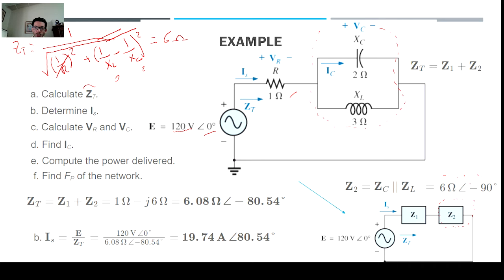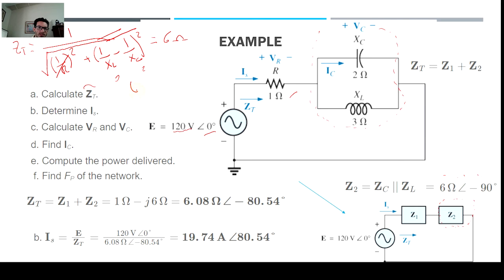Now, for this particular problem, we also need the angle, and computing the angle from this configuration is not as simple. From experience, I know that there's a capacitor in the network in parallel, so it's going to be lagging 90 degrees. But the way to calculate that is much easier if you're using phasors.